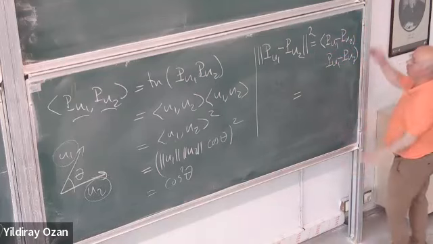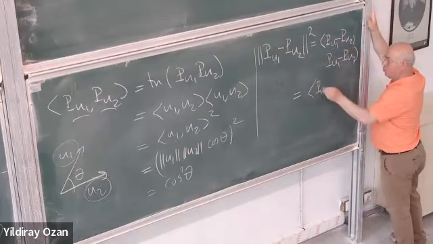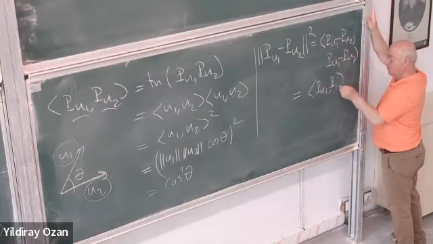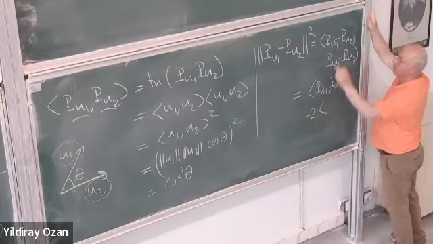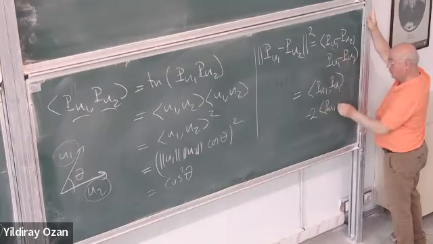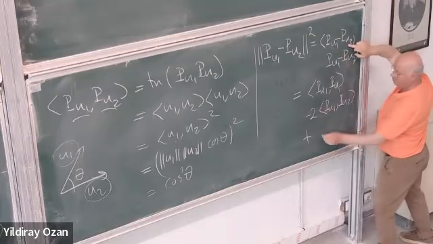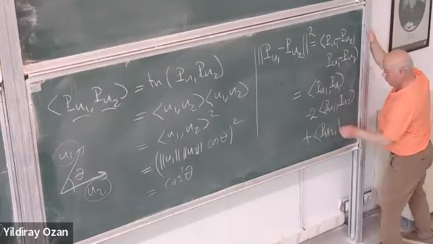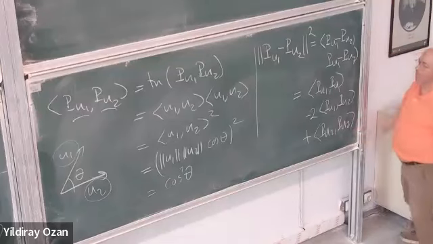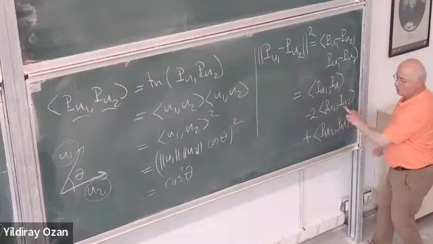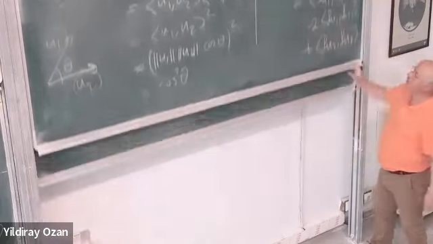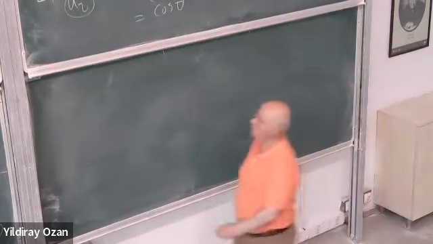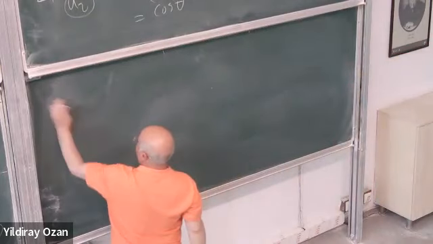This is just, of course, PU1, PU1, and then I have minus 2 times PU1, PU2, and then plus PU2, PU2. Okay, I already computed this one, but I didn't compute this too. Let's see.